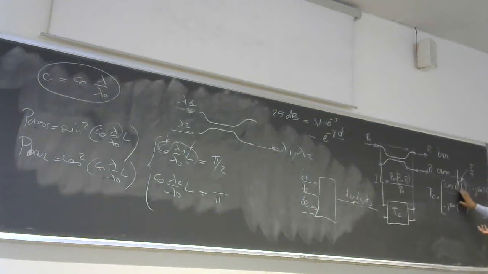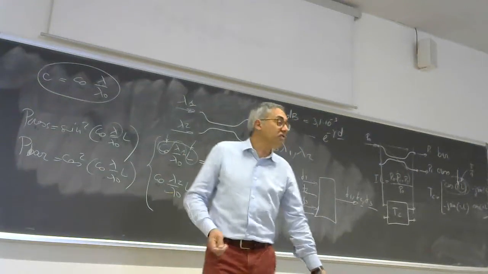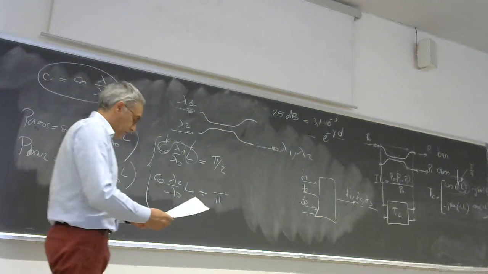They appear always together. So we wrote two conditions for one variable. It's not possible, unless you are lucky. So it depends on lambda 1 and lambda 2. But in general, you cannot solve it.